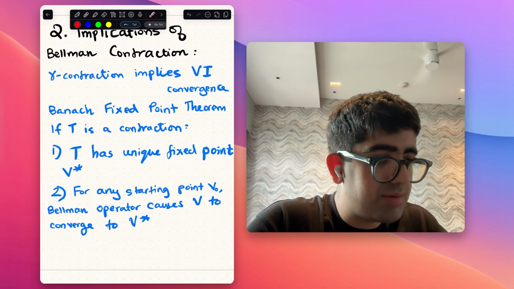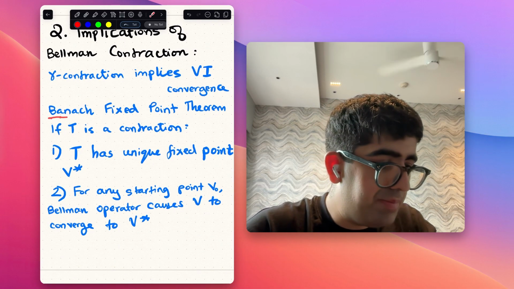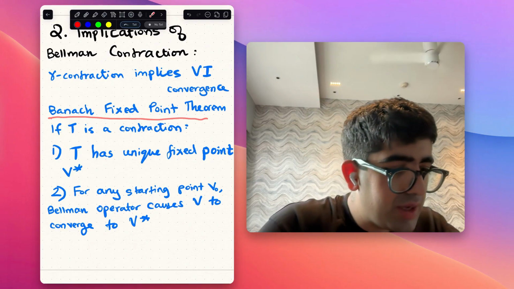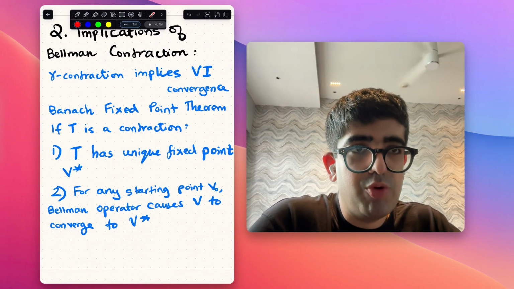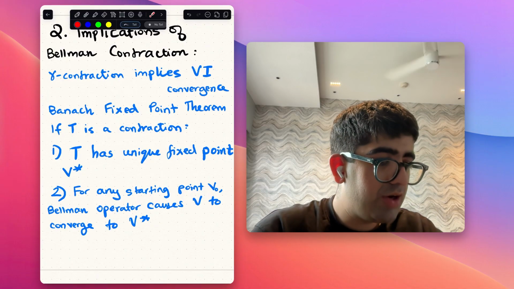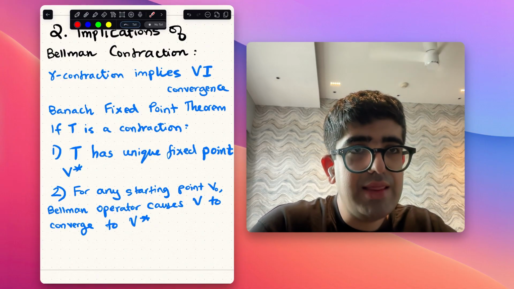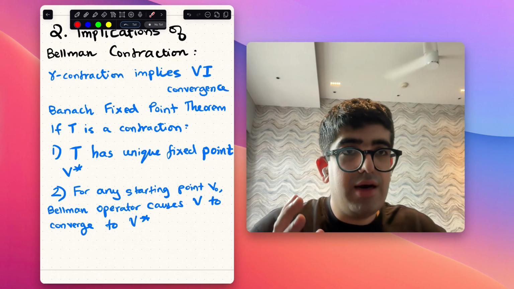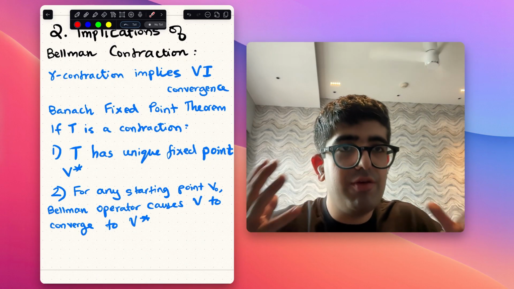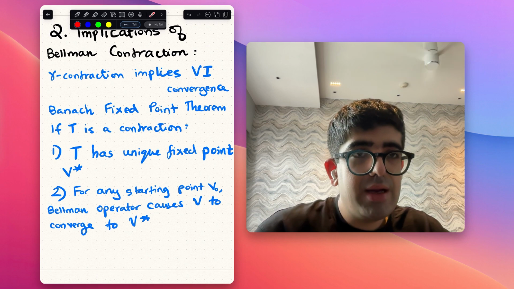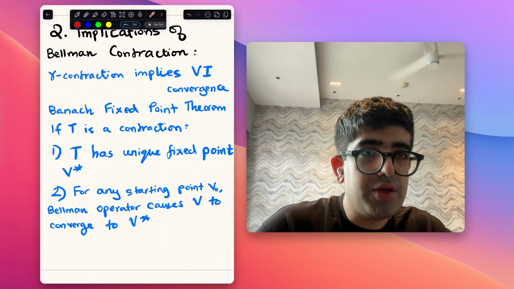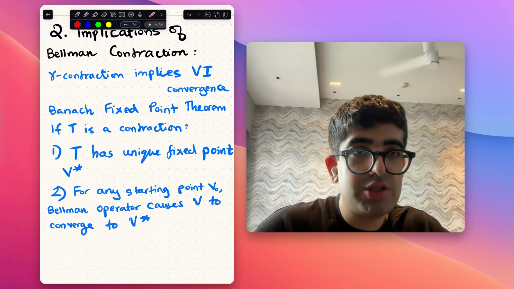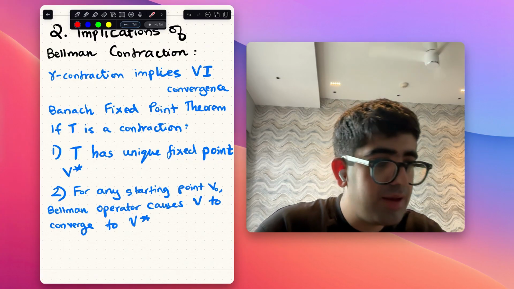And we get this by something called the Banach fixed point theorem, which basically states more generally that for any contraction mapping, there must be a unique fixed point. And no matter where you begin from, by applying the contraction, you always converge to this fixed point.